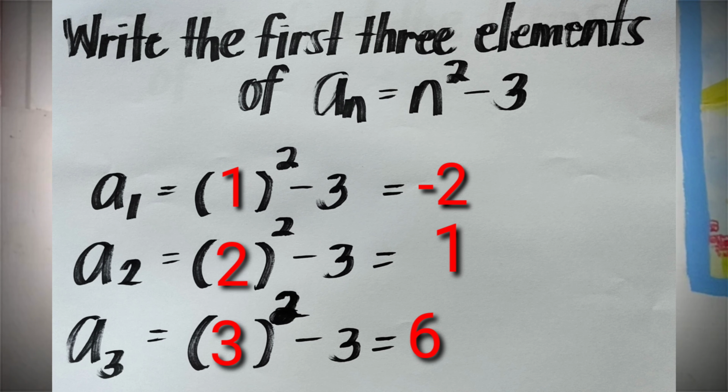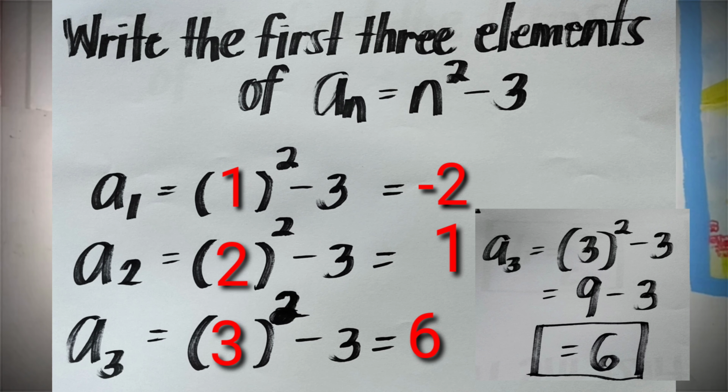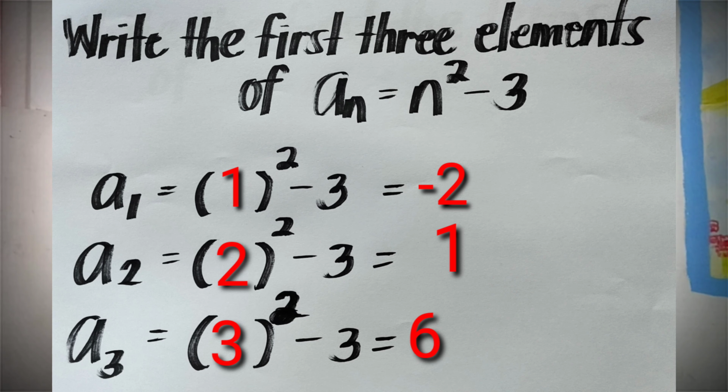So bakit naging 6? Kasi ang 3 squared daw, so 3 multiply sa sarili is 3 times 3 equals 9. Then 9 minus 3 equals 6. So our answer to the first 3 elements of a sub n equals n squared minus 3 are negative 2, 1, and 6.